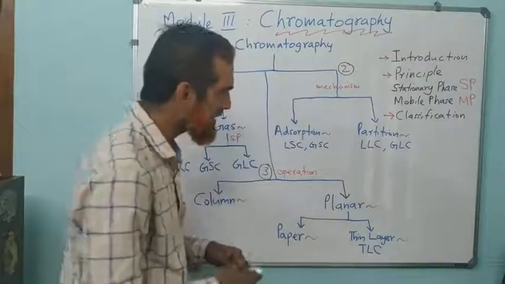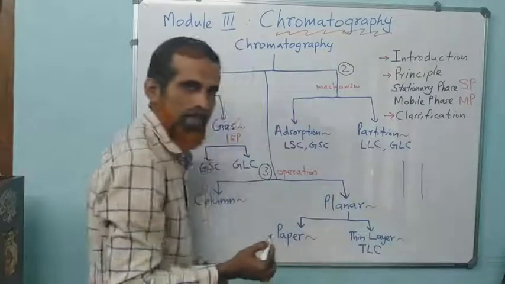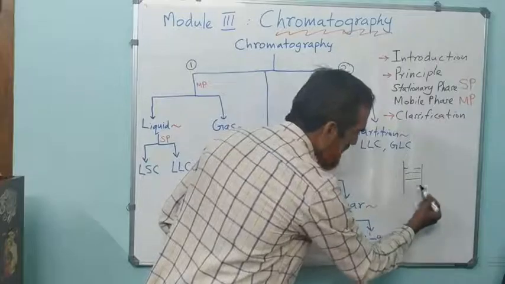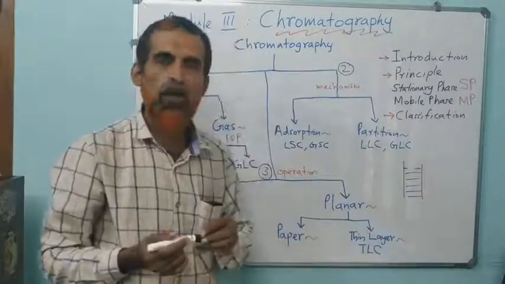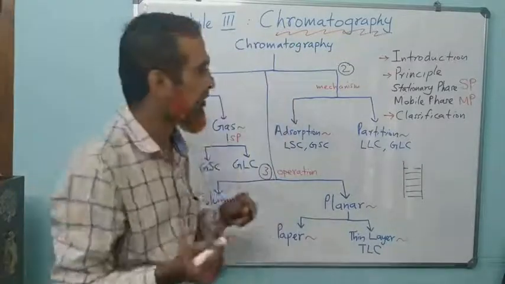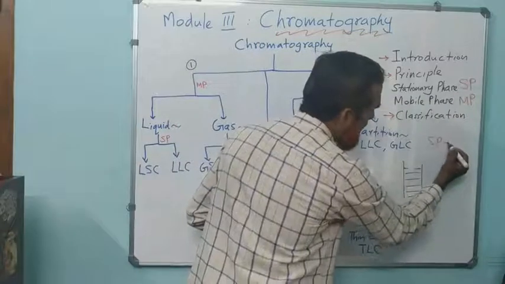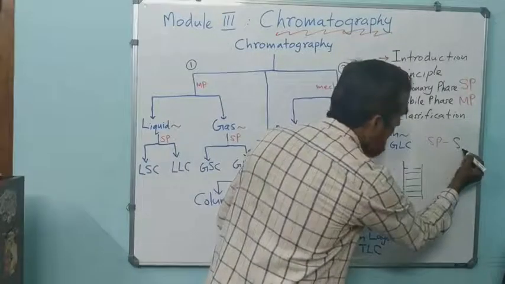So what is done is, we take a glass tube and in that we fill the stationary phase, which will be either a solid or a liquid held on an inert solid support. So stationary phase can be either solid or liquid.